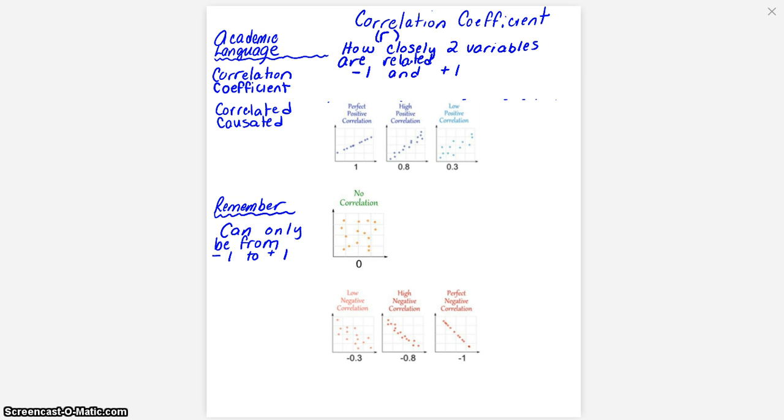So what that means is that there's absolutely no correlation if your correlation coefficient is 0. So you can see that right in the middle here, right? 0 correlation means that one thing does not affect the other at all.